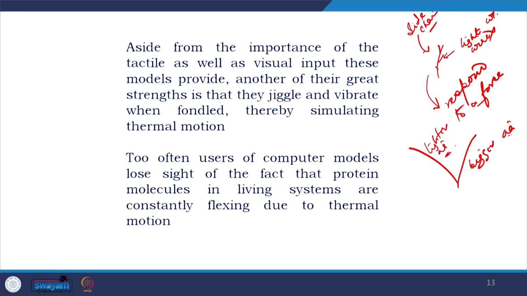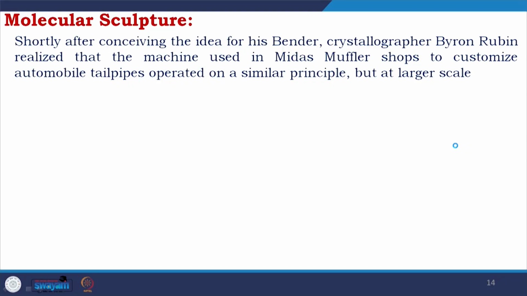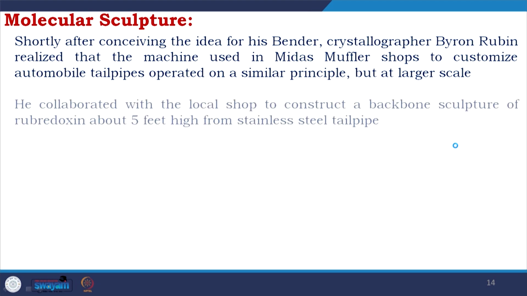Too often users of computer models lose sight of the fact that protein molecules in living systems are constantly flexing due to thermal motion, but these models help you understand them physically. Now, coming to molecular sculpture. Shortly after conceiving the idea of his bender, crystallographer Byron Rubin realized that the machine used in Midas muffler shops to customize automobile tailpipes operated on a similar principle, but at a larger scale.